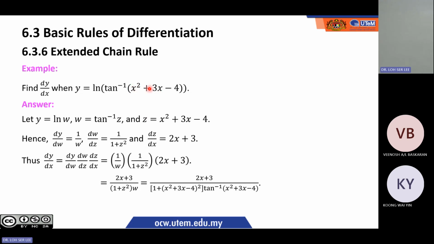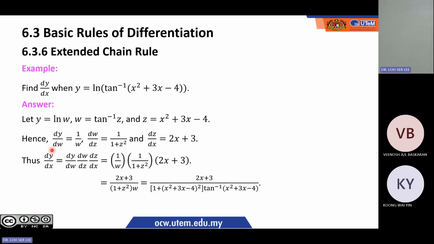Here we let this be z. Then you have arctan z, and again we let arctan z be another variable, w. So if arctan z is w, you have ln w.